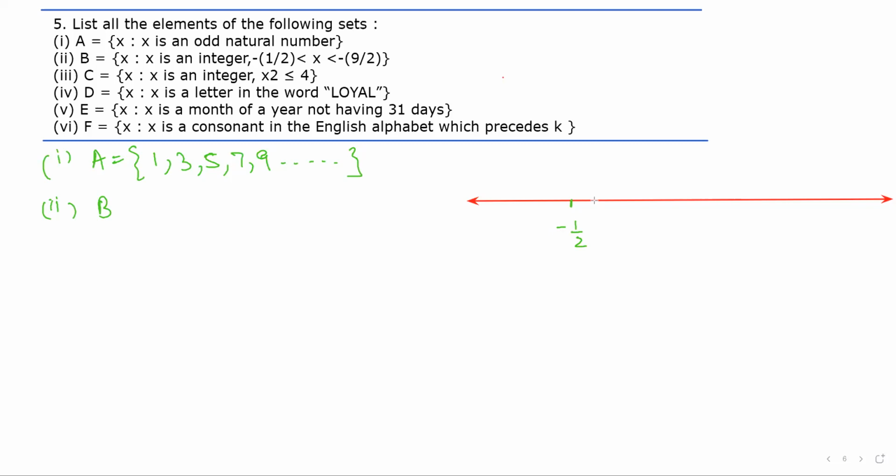So minus 1 by 2 is the left hand side value and plus 9 by 2 is the right hand side value. 9 by 2 is a positive number on the right hand side of origin O, and minus 1 by 2 on the left hand side of 0.